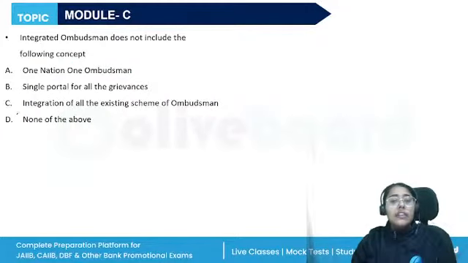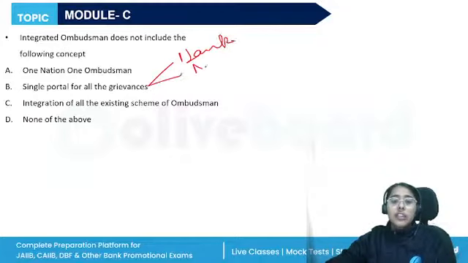Next, the integrated ombudsman does not include the following concept. Is there a one nation, one ombudsman scheme? Yes. Does the integrated ombudsman provide a single portal for all the grievances, grievances related to the bank services, to the NBFCs, and digital payments?